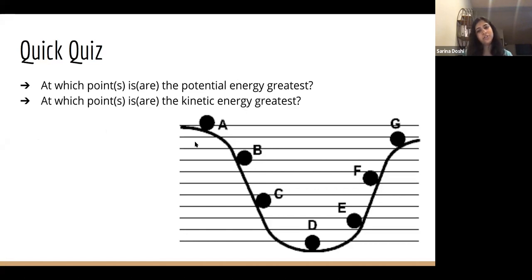Hint for potential energy, use the lines. So let's say D is the surface of the Earth. You can see relatively how far each point would be from the surface of the Earth. See if you can answer the first question, and then I will ask for answers for the second question.